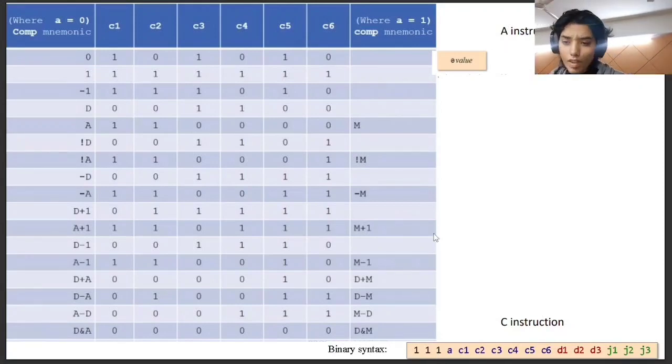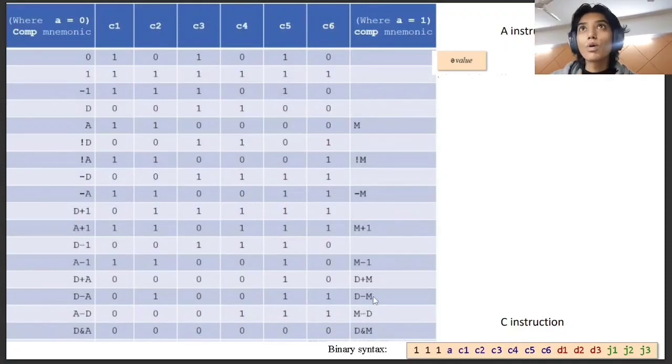In the C instruction we have the A bit, which tells you which register is to be selected, A or M. If you look at this table, when A is 0, the A register is selected. When A is 1, we have M.